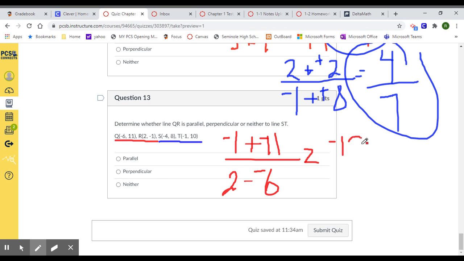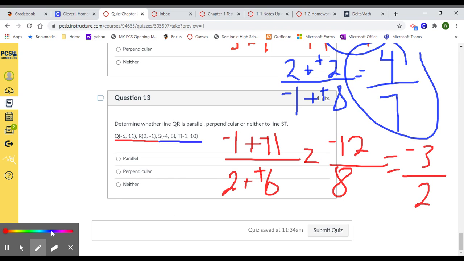So that gives me negative 12 over 2 plus 6 really, which is 8. And I'm going to simplify that. I'm going to divide by 4. So negative 3 over 2.